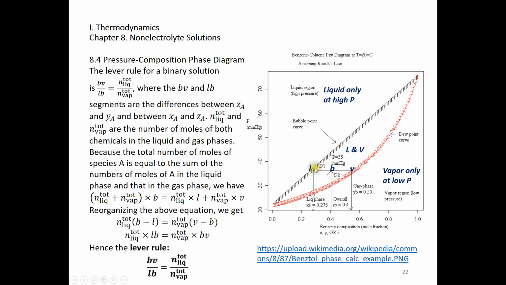When it's really close to L, that means BL is small, BV is large, and then this is large. That means mostly it's liquid. If B is closer to L, that means at point B, mostly we have the liquid phase and very little gas phase. If B is close to this V, that means we have a lot of gas phase, very little liquid phase.